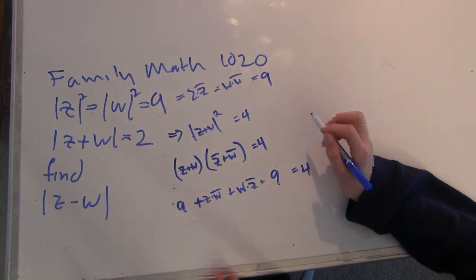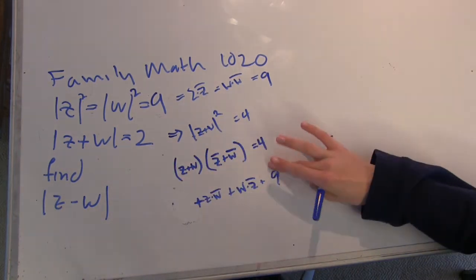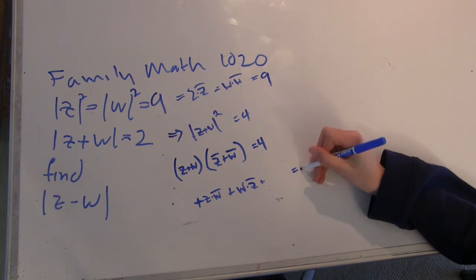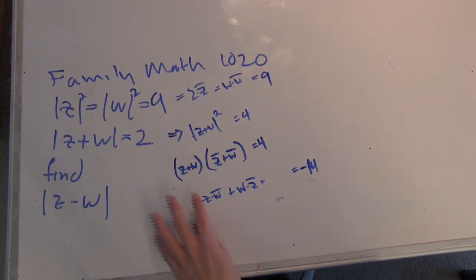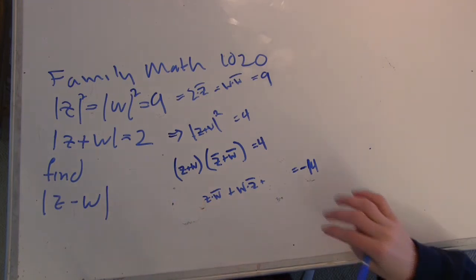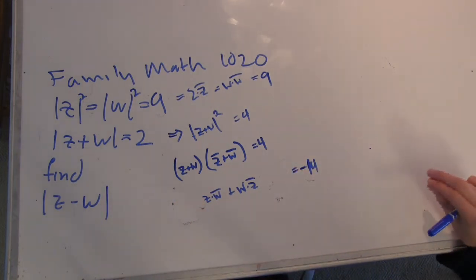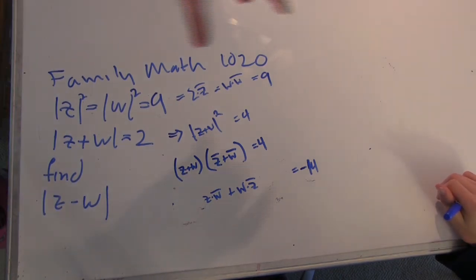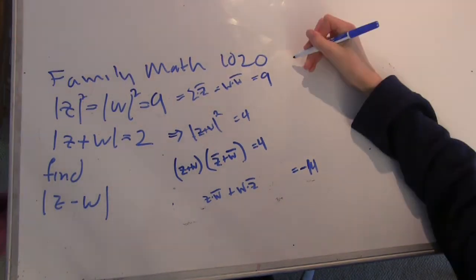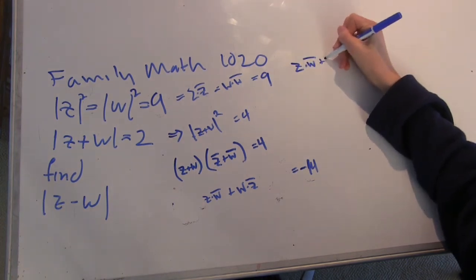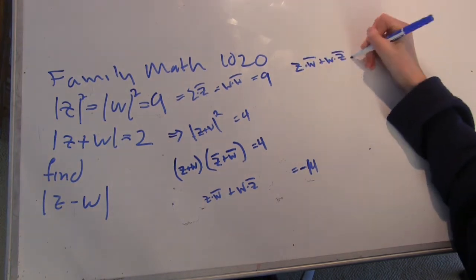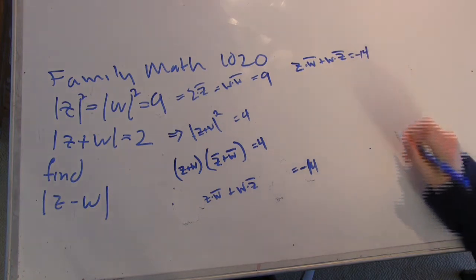And then we can subtract 18 from this side, so we get minus 14 on this side. So you get z w bar plus w z bar equals negative 14. Actually you have some room over here. Why don't you write that up there, and then you can do the other calculation in the middle.